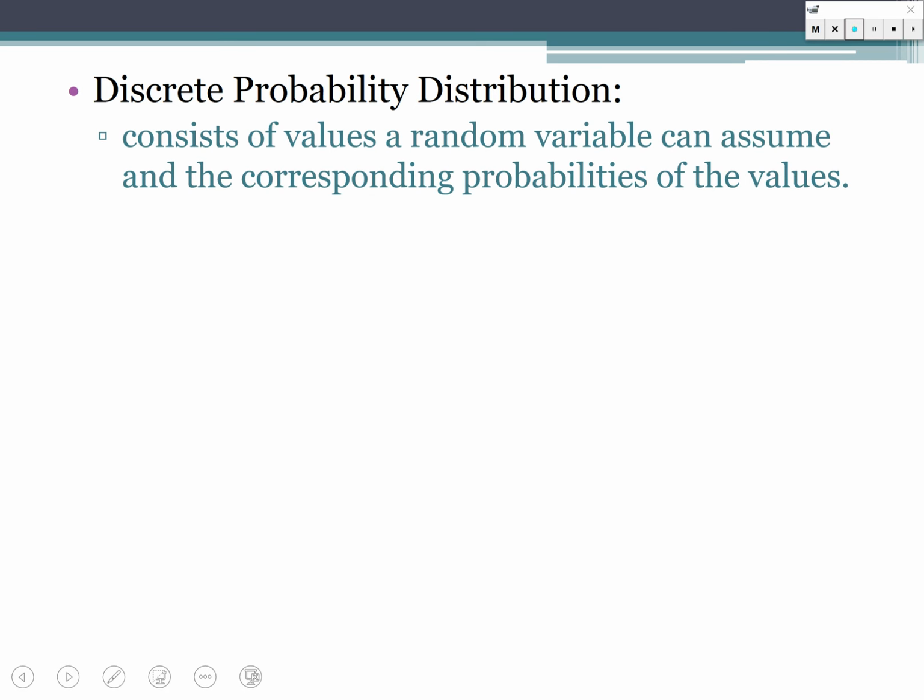A discrete probability distribution consists of the values a random variable can assume and the corresponding probabilities of the values.